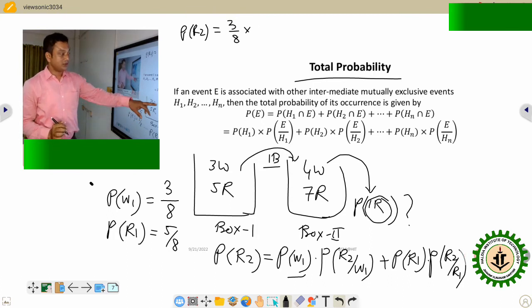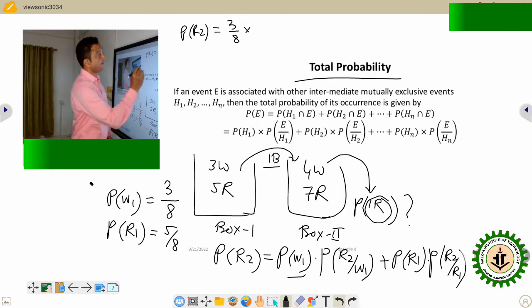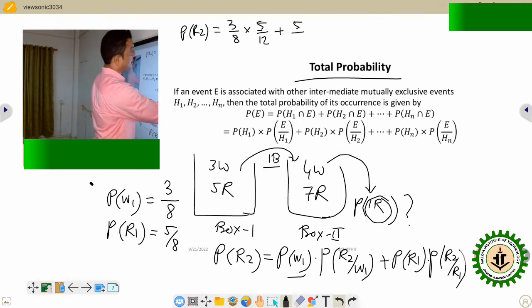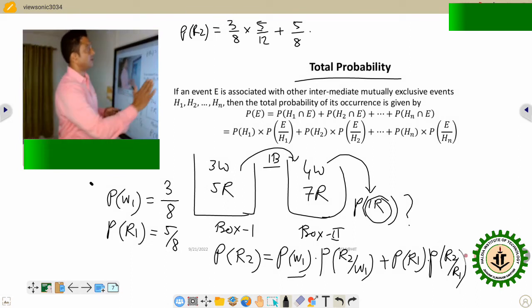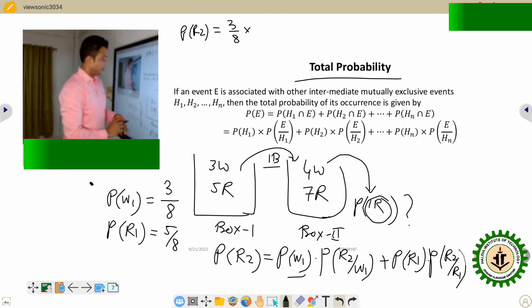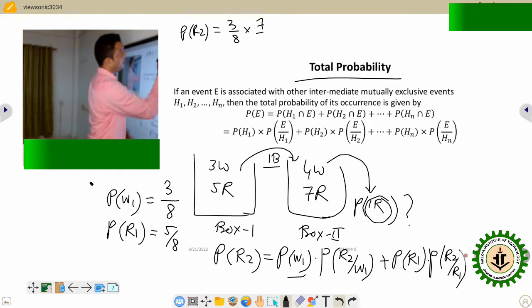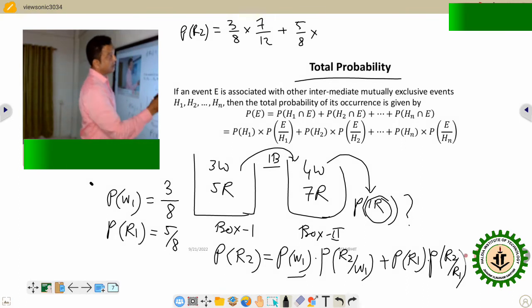So the total number of balls increased by 1, which is 5 plus 7 equals 12, plus now one red ball is transferred, which is 5 by 8, and, sorry, I have written wrong here, one minute. A white ball is transferred, so for finding a red ball the probability is 7 by total 12, plus a red ball from box 1, 5 by 8, into, now a red ball will be increased, so it is 8 by 12.